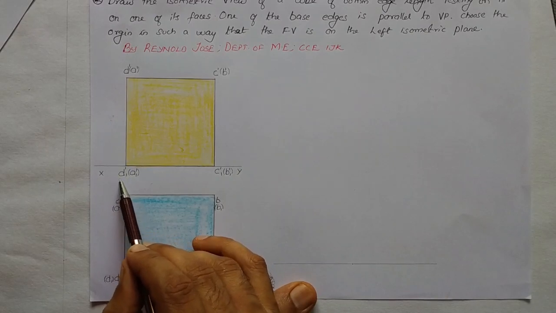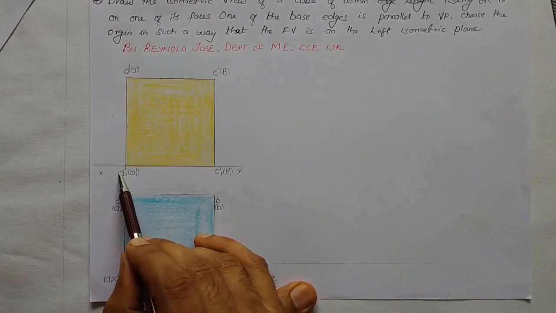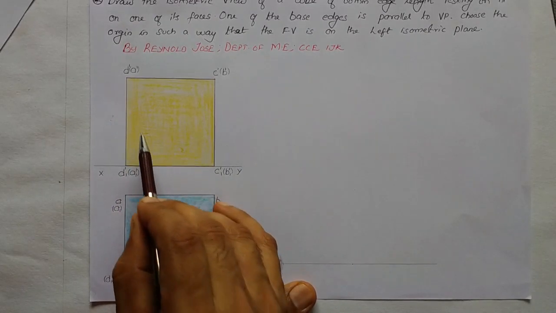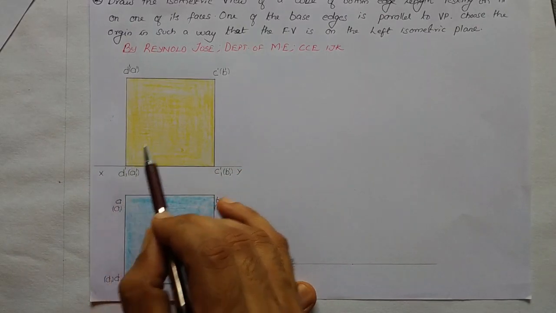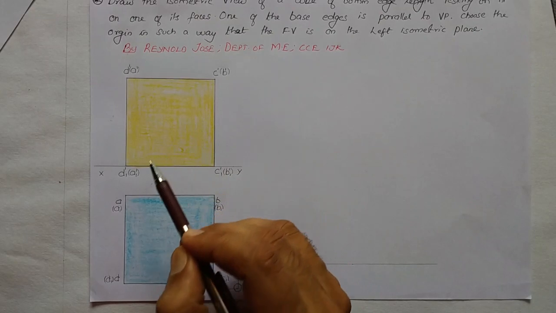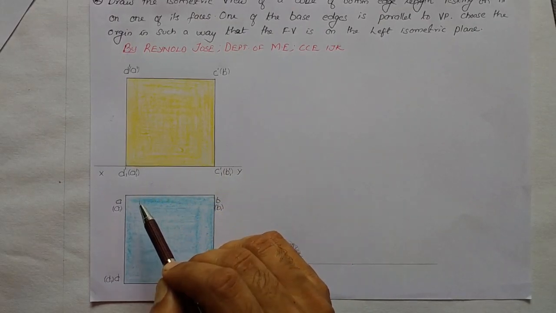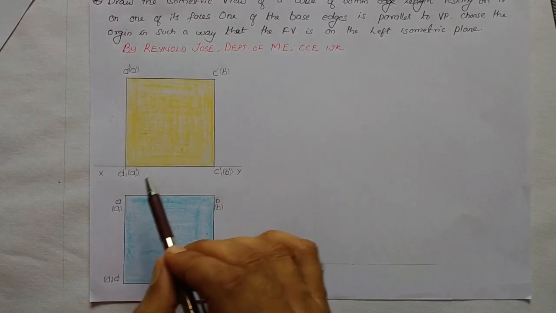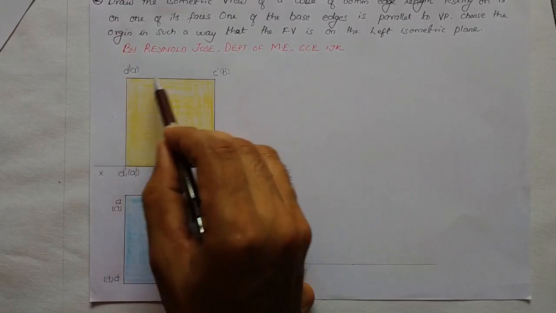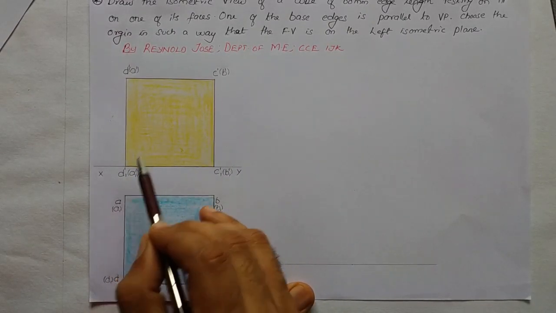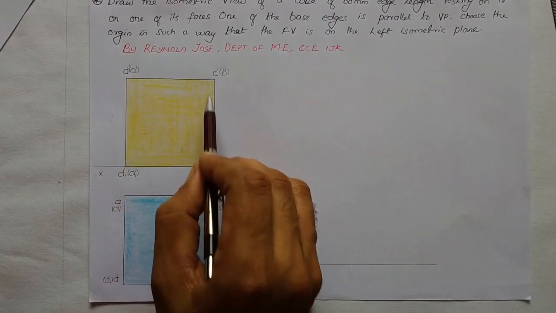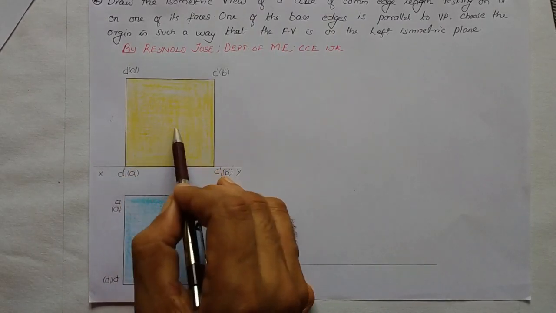And if you take d1 as the origin, you notice that on the right hand side of d1 we have the front face. So if you are taking d1 as the origin, we will get the front face on the right isometric plane. You can take this as a shortcut method.